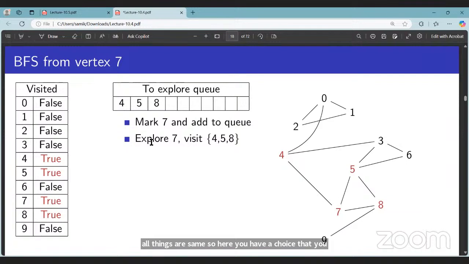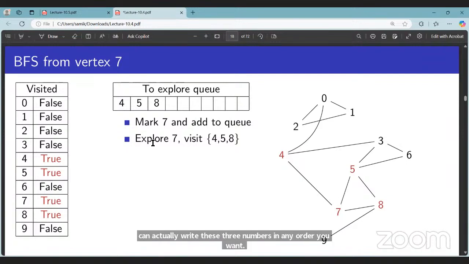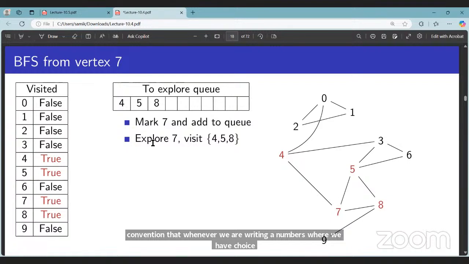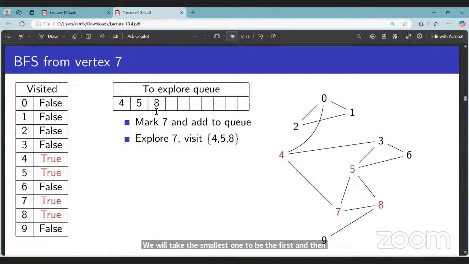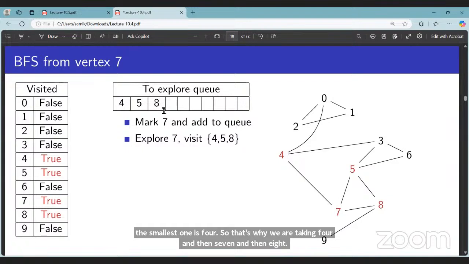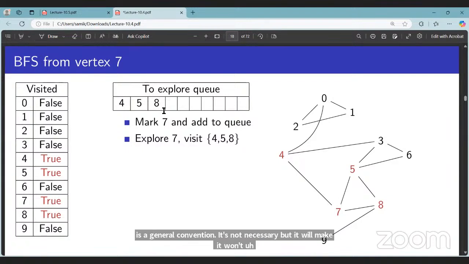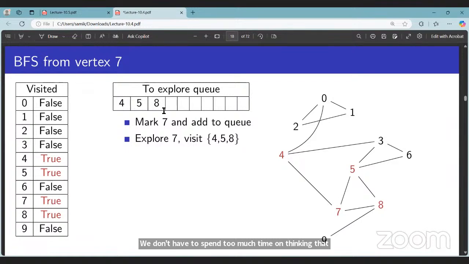But in graph theory, we always follow the convention that whenever we have a choice, we take the smallest one first, and then the larger ones. Among 4, 5 and 8, the smallest one is 4, so we take 4, then 5, and then 8. This is a general convention. It's not necessary, but we don't have to spend too much time thinking about which vertex to write down first.